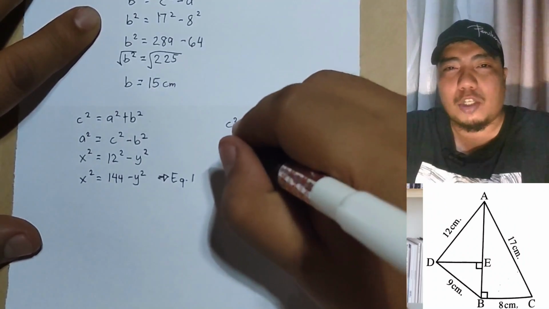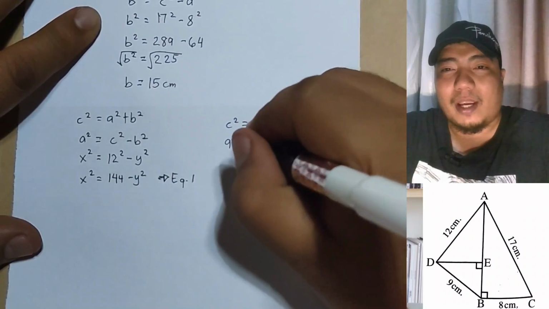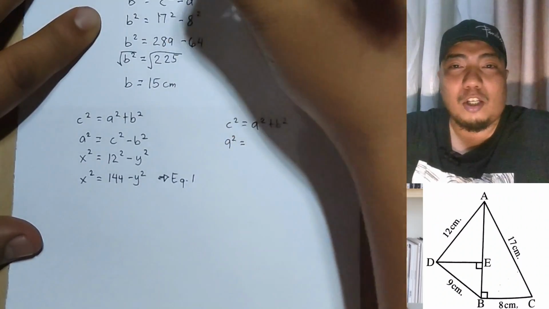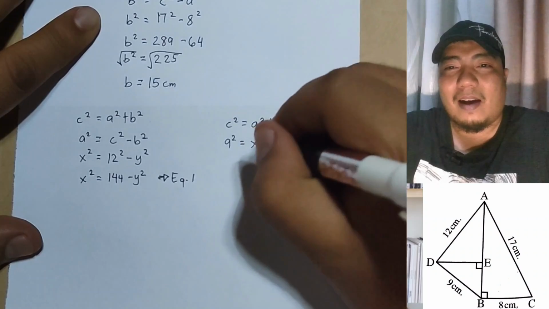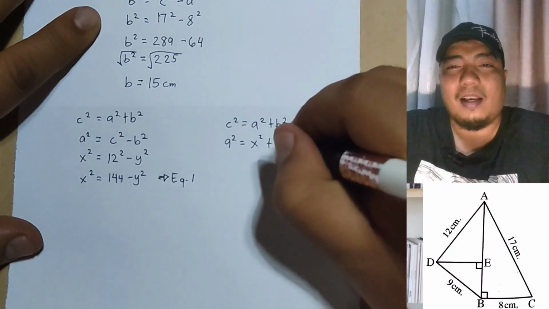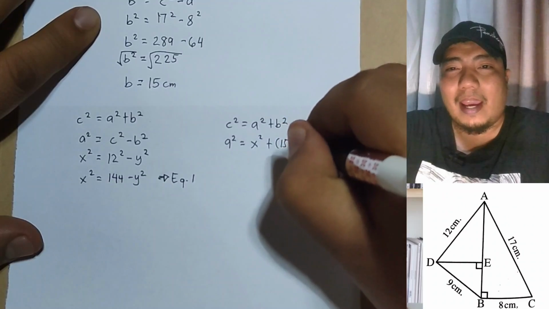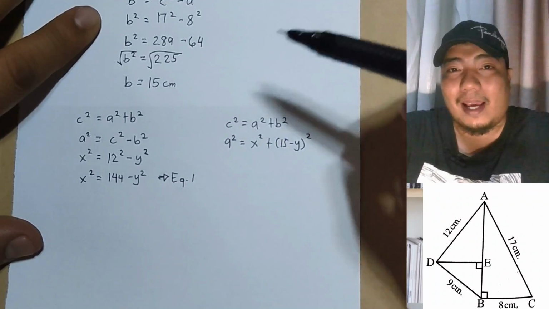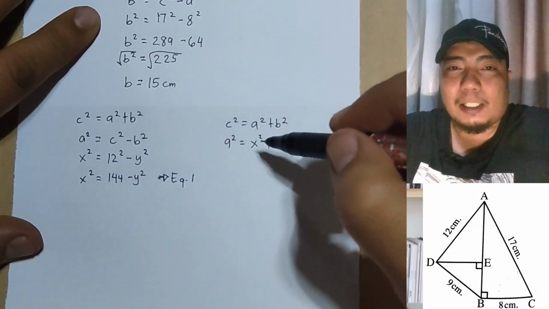Now, for our equation 2, we have here the triangle DEB. So having that, we have the given hypotenuse as 9 cm, so that will be our c. So 9 squared, and our unknown, the DE, is still our x, so x squared, plus b squared.